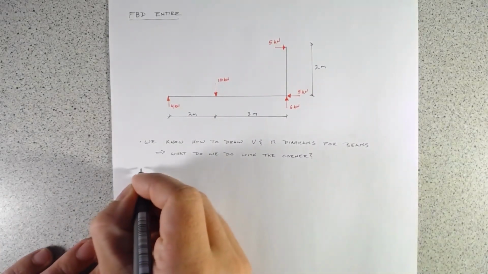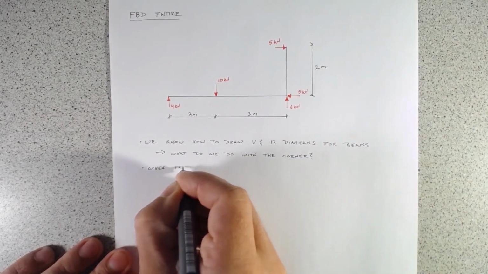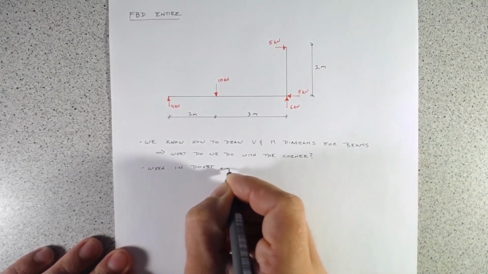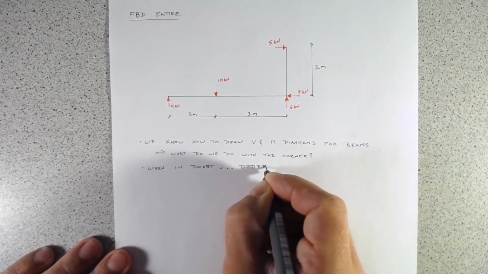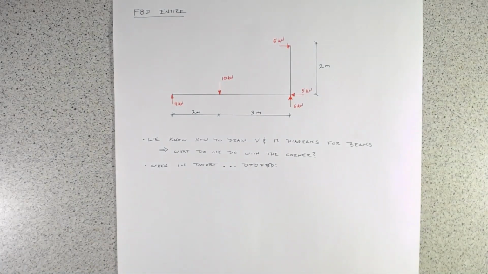Well, always when in doubt, draw the darn free body diagram. And so that's exactly what we're going to do. But the question will come, Lucas, well, what free body diagram do we draw? And the simple answer is the one or multiple of them which will help us understand the problem.